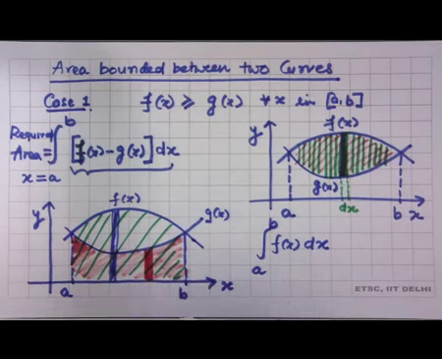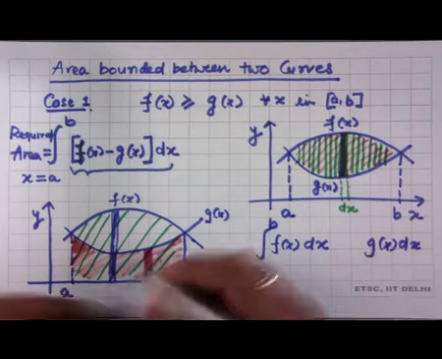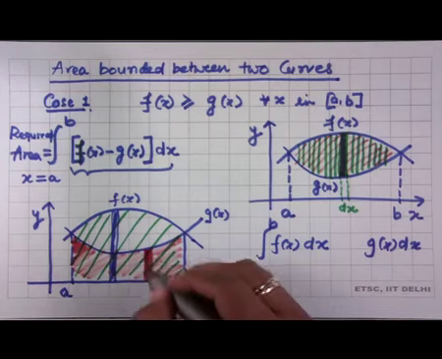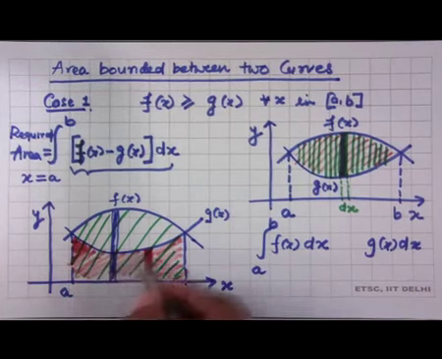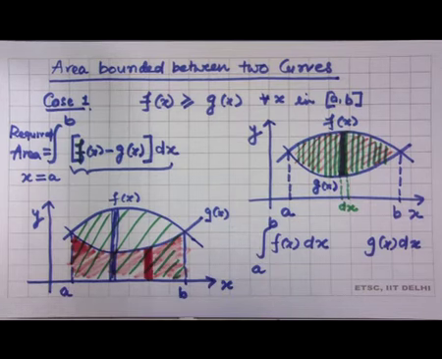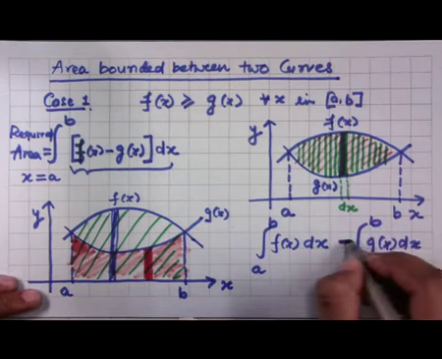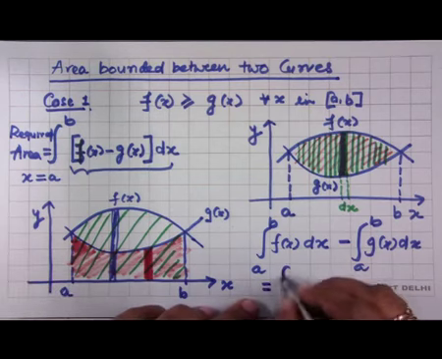So, g(x) dx is the area of this strip, and if you integrate from A to B, you get the area shaded by red color, and the integral from A to B of f(x) dx is the area shaded by green color. So, if you subtract them, you get the required formula.